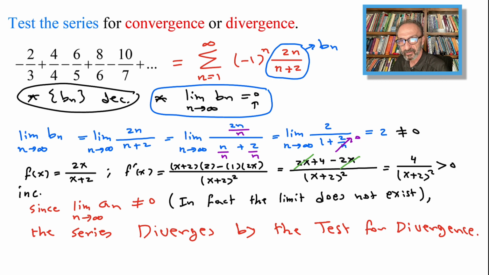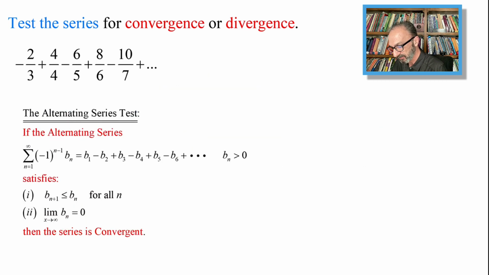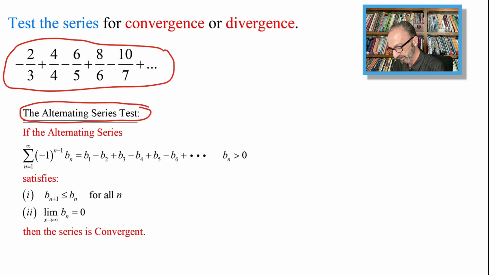Let me give you an overview of this problem. So we have the following. We have the series that clearly we could see is alternating. So we're using the alternating series test. We identified b sub n to be 2n over n plus 2 without the minus 1.